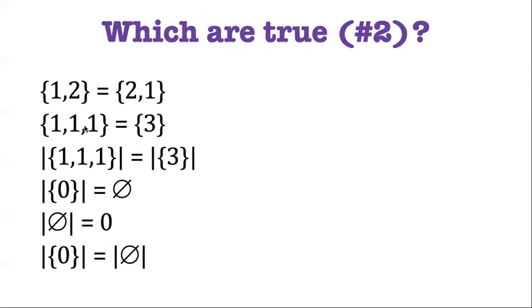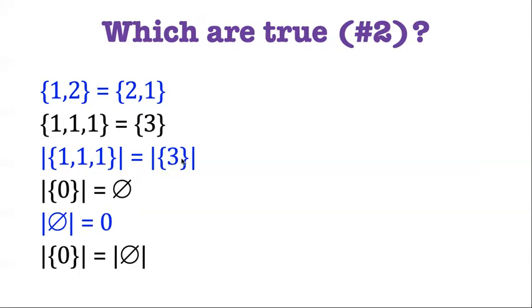This sentence is false. So the first one is true, the second one is false, because this is the set containing the number 1. Repetition doesn't matter. This is the set containing the number 3, but 1 and 3 are not the same numbers, so these are not the same sets. Now, the size of these things is the same, because there's one element over here, since repetition does not matter, and there's one element over here.